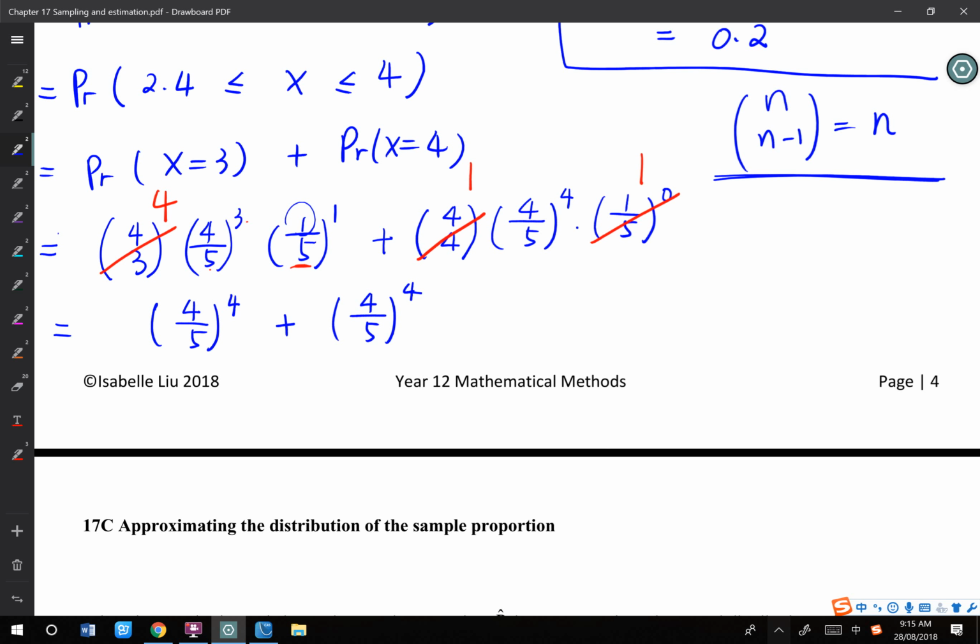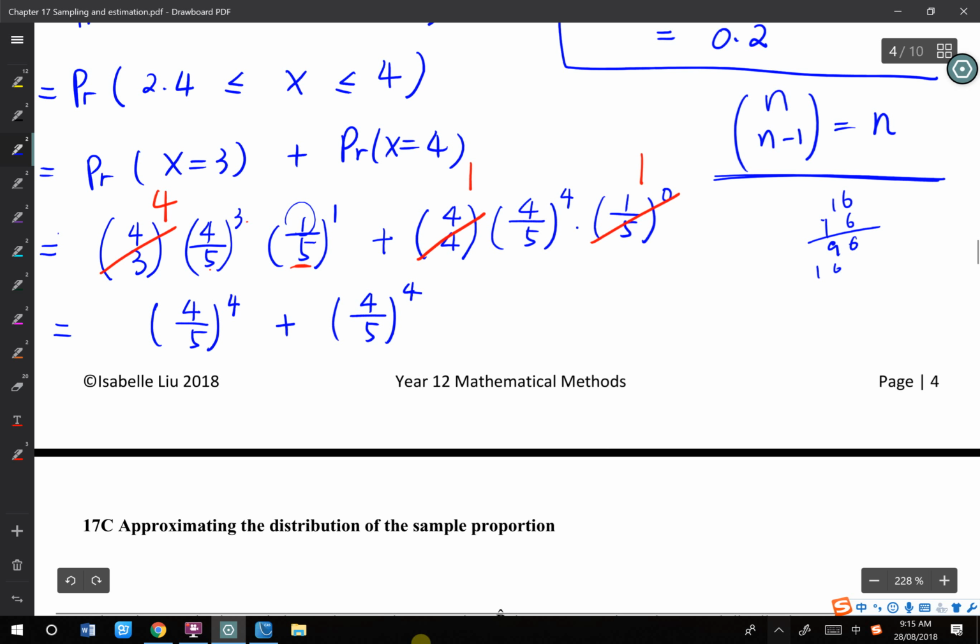What's 4 to the power of 4? It's 16 times 16. What's 16 times 16? No, 256. 256, right?